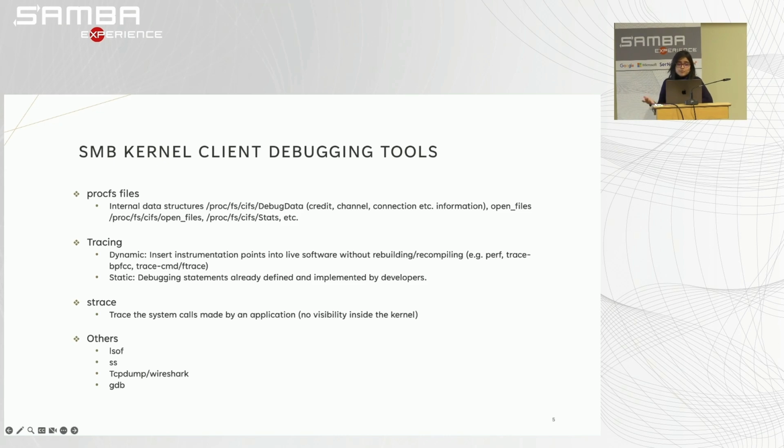And there is also a way to do dynamic tracing using tools like trace-cmd or trace-bpf or perf. They don't need any change in the client code. You can insert instrumentation points without rebuilding or recompiling.